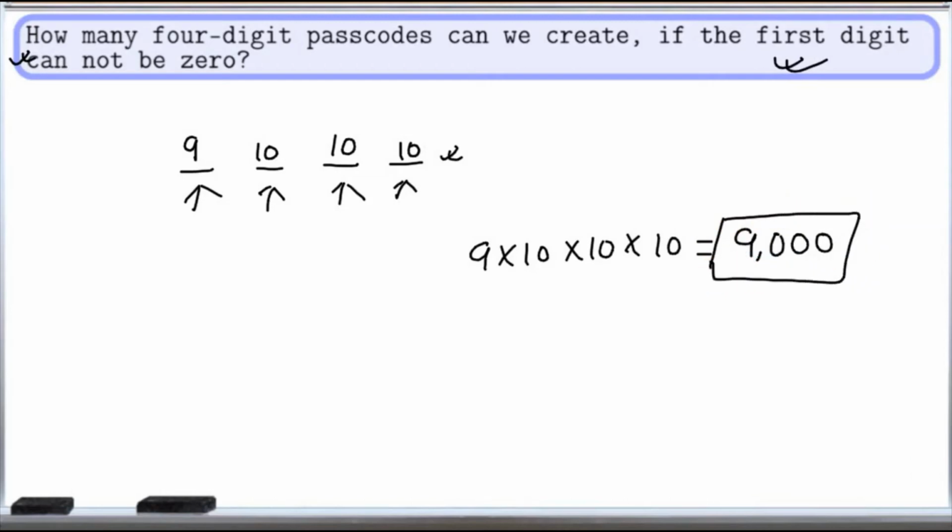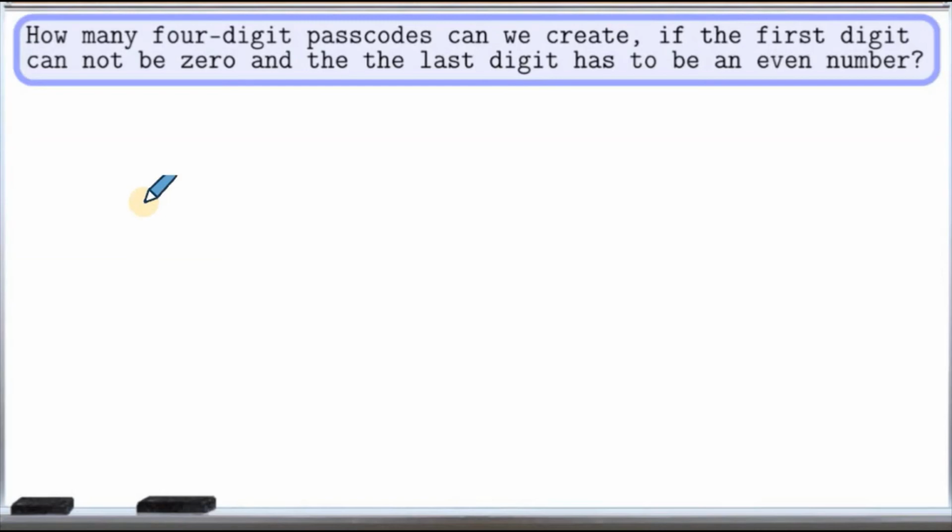So let's look at another example. Here, how many 4-digit passcodes can we create if the first digit cannot be 0 and the last digit has to be an even number? First, let me put down 4 blank spots.